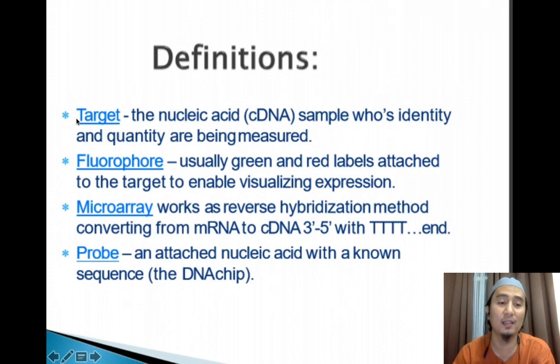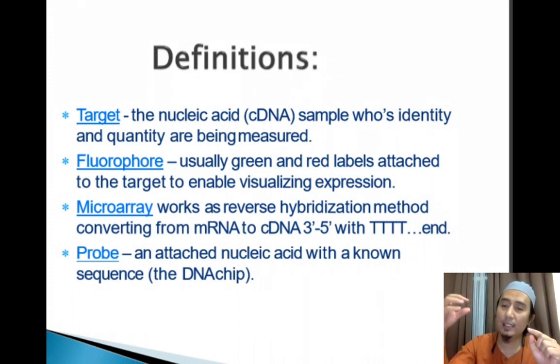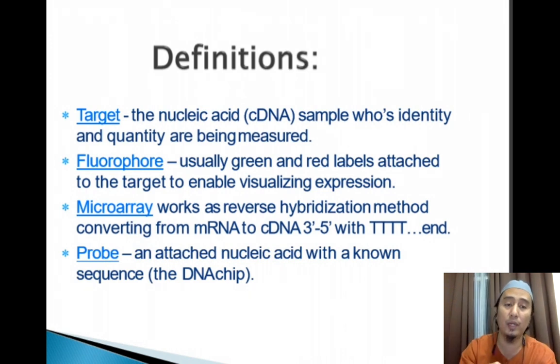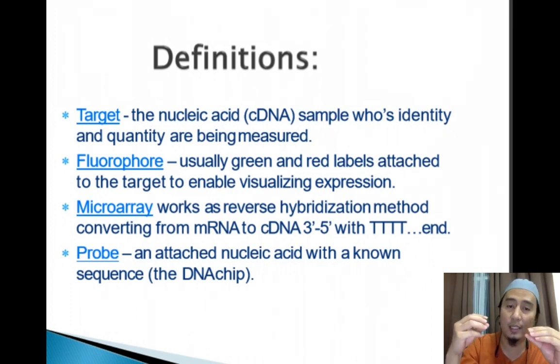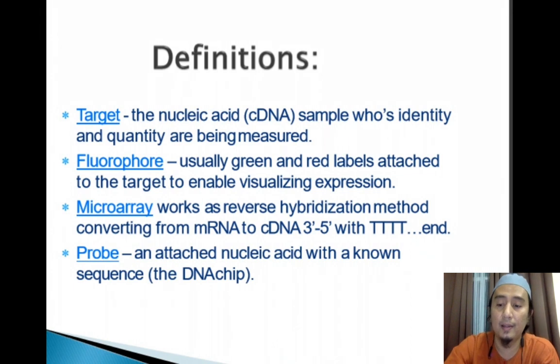So it's different. In Southern blot, the probe oligonucleotide we design is attached with the detection marker. Fluorescence also can be used, but mainly 32P radioactive element. But in this DNA microarray, the target is bound with fluorophore, which is either green or red.